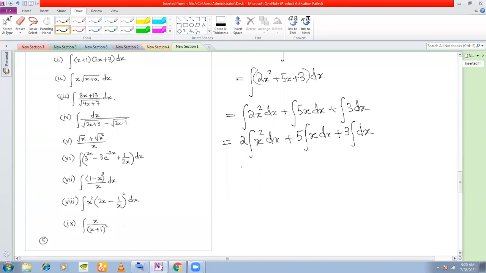So now what will happen? This is the x to the power of n formula, right? What is the x to the power of n formula? x to the power of 2 plus 1 by 2 plus 1, right? Plus 5, from the formula, x to the power of n plus 1 by n plus 1, x to the power of 1 plus 1 by 1 plus 1, plus 3 integral dx.